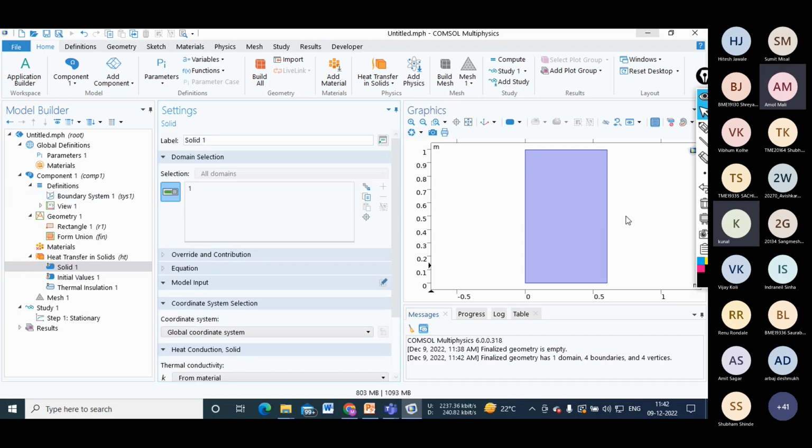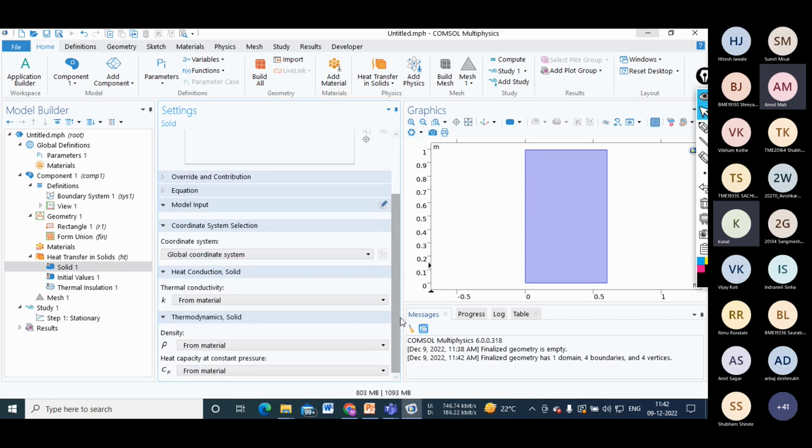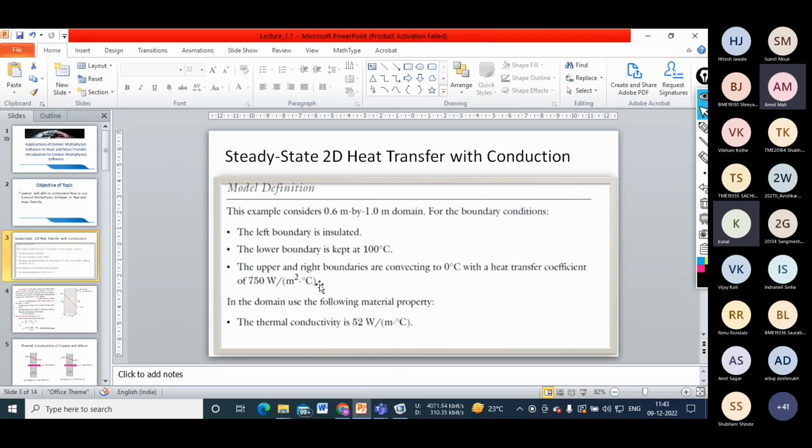So here you can see in solid one, it has already selected this domain one, and below domain one you can see the various material properties are there. The first material property says from material. So already whether we have selected material, हमने सिलेक्ट किया है क्या यहाँ पर? So we have not selected the material, but they have given the material property of 52.